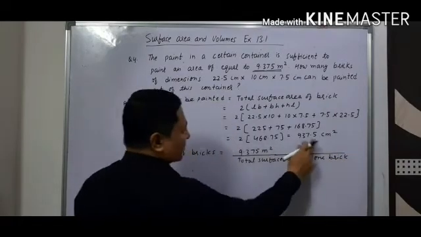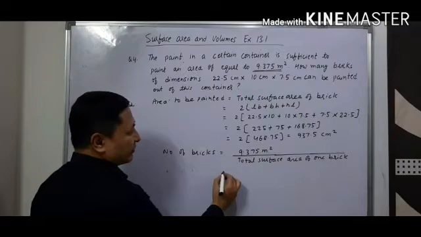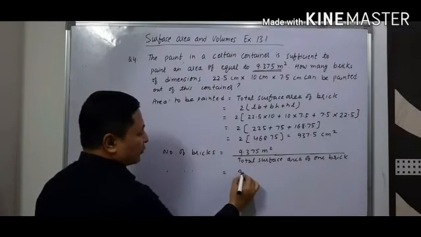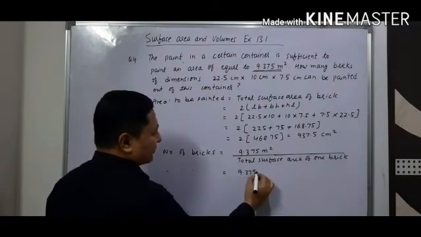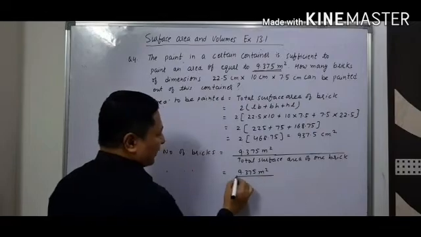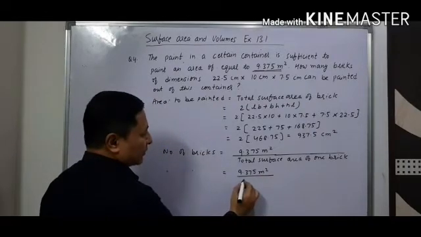And that is how much? 937.5 centimeters square. So it is 9.375 meters square divided by 937.5 centimeters square.